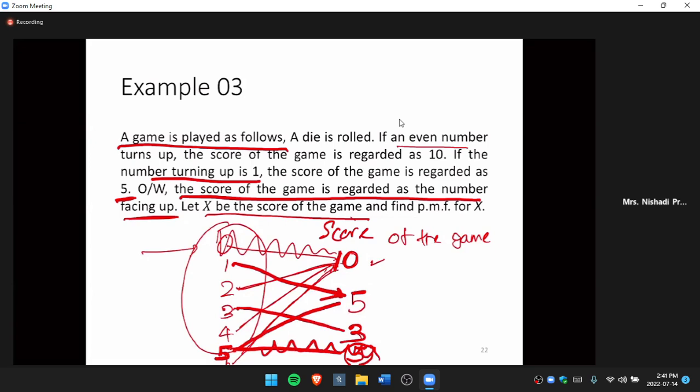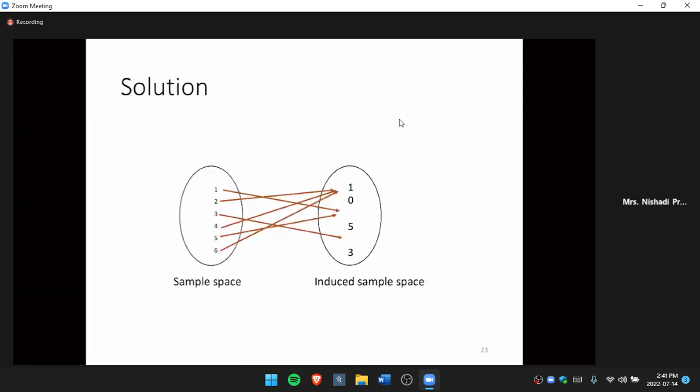The original sample space has 6 possible outcomes, while the induced sample space has only 3 possible outcomes, or values, for the random variable x. It can be either 10, 5, or 3. Now see this diagram.